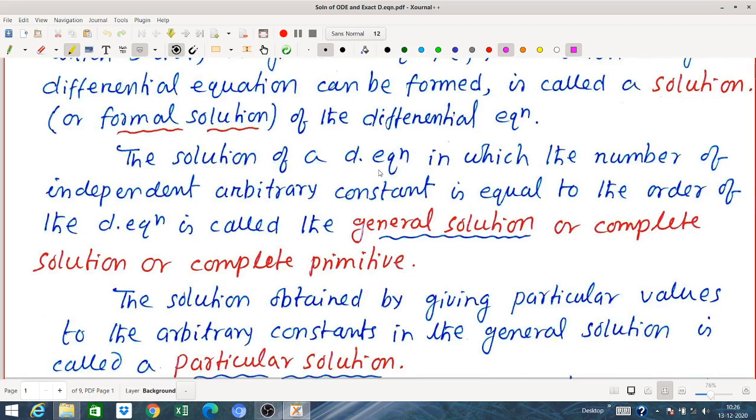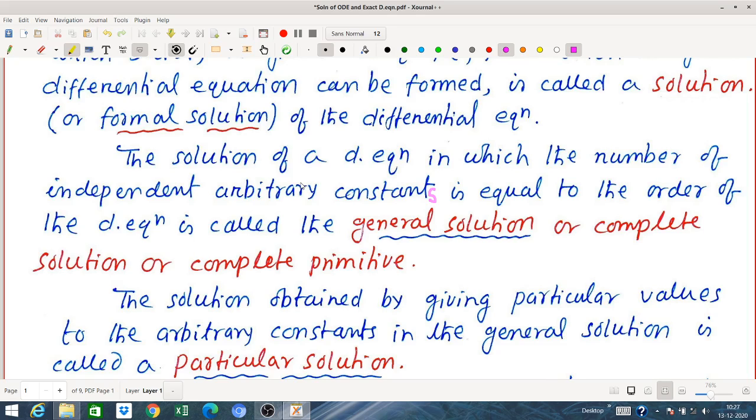The solution of a differential equation in which the number of independent arbitrary constants is equal to the order of the differential equation is called the general solution or complete solution or complete primitive. If a differential equation is of first order, then the number of arbitrary constants in the solution is 1, and that solution is the general solution.